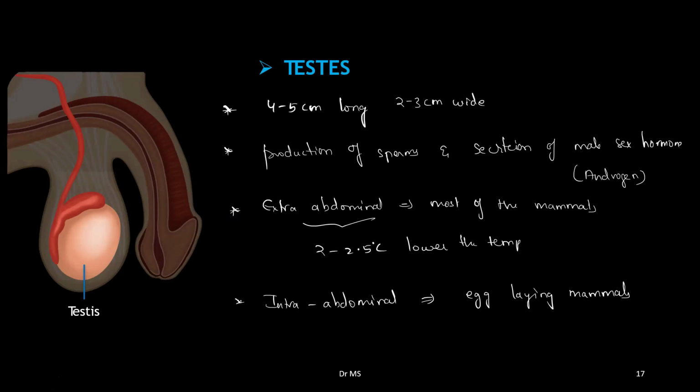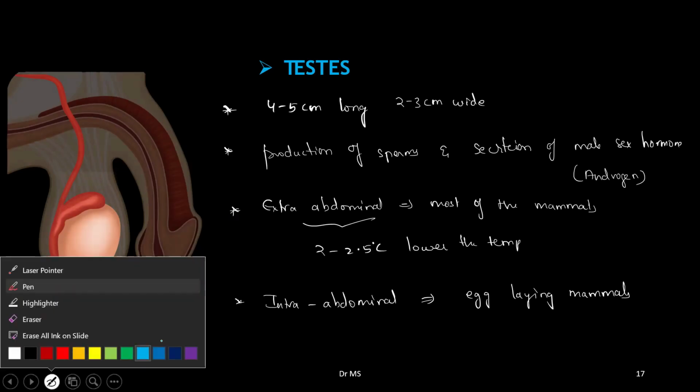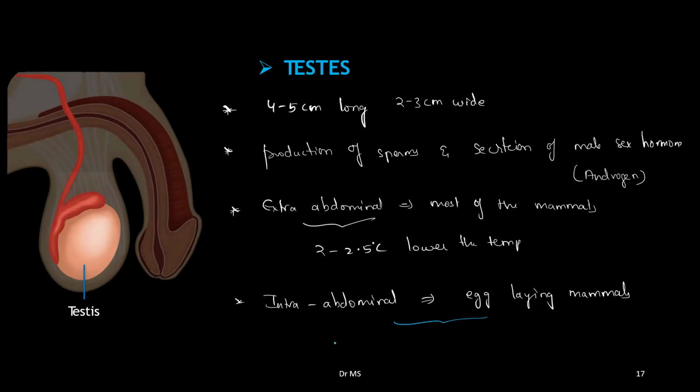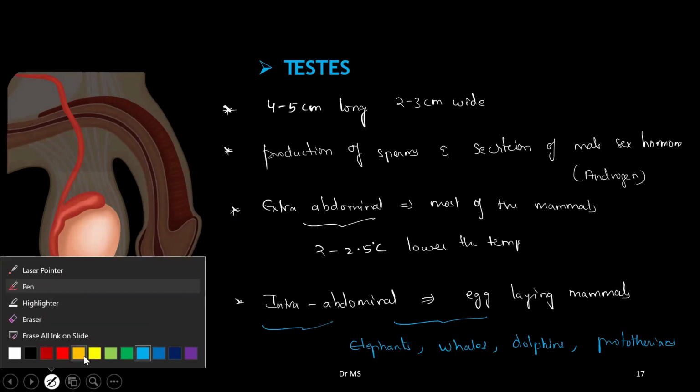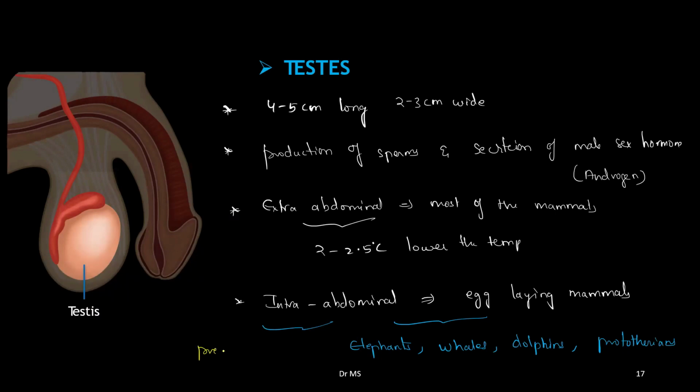So where do you see them? Elephants, whales, dolphins, and prototherians as well. In these, it is not present outside the abdomen, it is present in the main body cavity. Remember this.